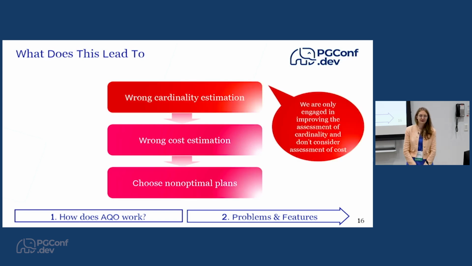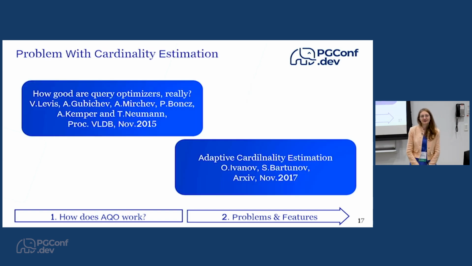We have a lot of issues related to the choice of a suboptimal plan, but we are engaged in improving the assessment of cardinality. These issues are discussed in this article, so you can find more information about it here.